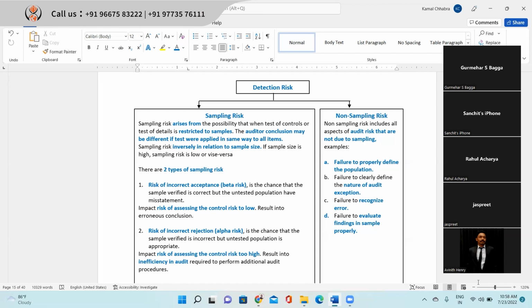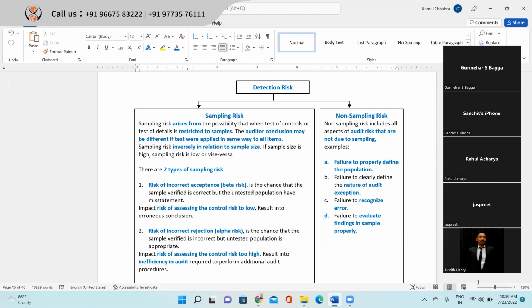Then what you will conclude, you will be relying on control. As you are relying on control, you are considering control risk low. If the control risk is low and you are putting reliance on the control, then when you are planning test of details, you'll be selecting fewer samples.